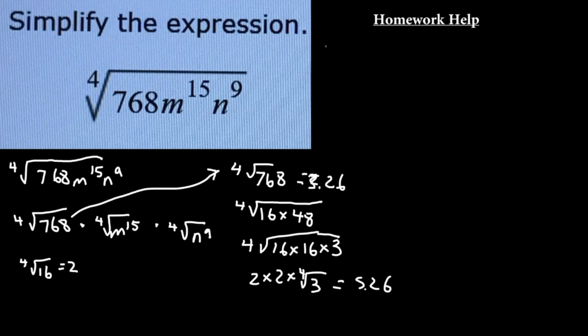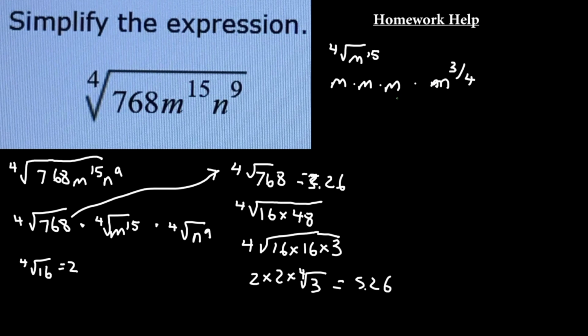You can fit m times m times m, and then your last one, you have m to the 3 over 4 left over. This is because it takes 4 m's. Imagine there's 15 m's inside the bracket. You take out 4 m's, you have 11. You take out 4 m's, you have 7. Take out another 4 m's, you have 3, and this is how you get 3 leftover m's out of 4.